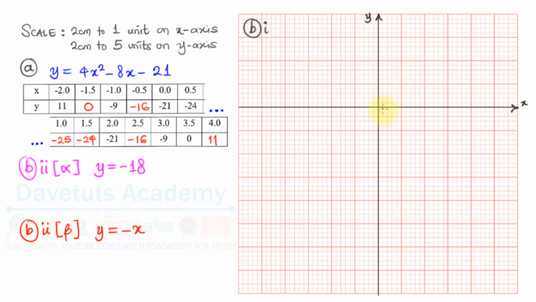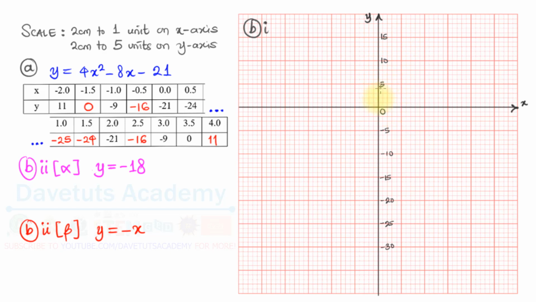I can choose it to be 0. This is minus 5, minus 10, minus 15, minus 20, minus 25, minus 30. Okay, that is 2 centimeters representing 5 units on the y-axis. So here, this is 5, this is 10, and this is 15.